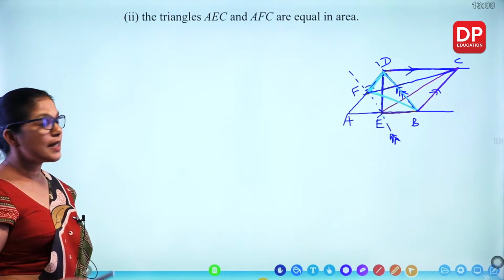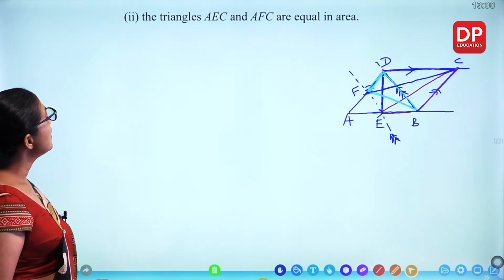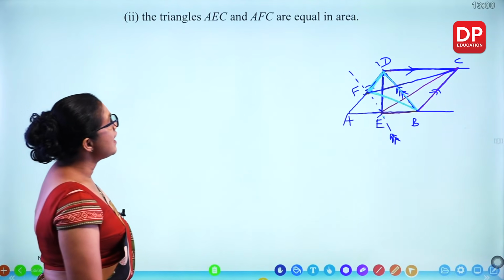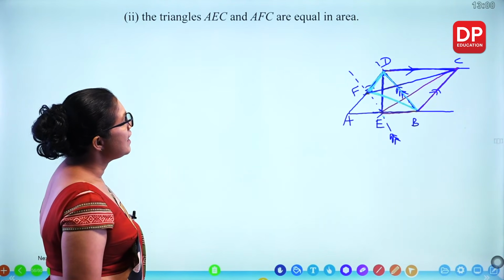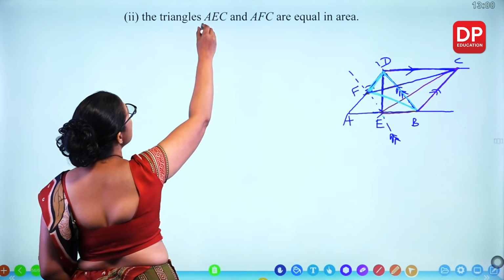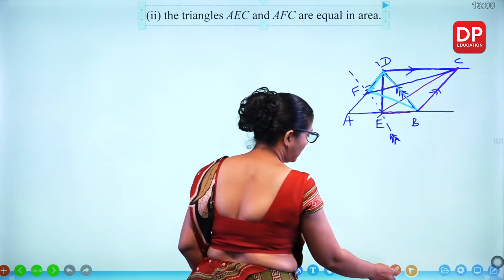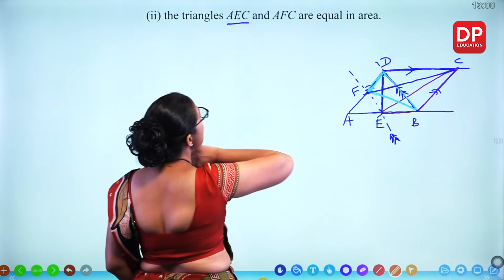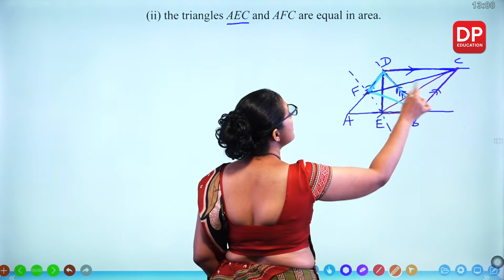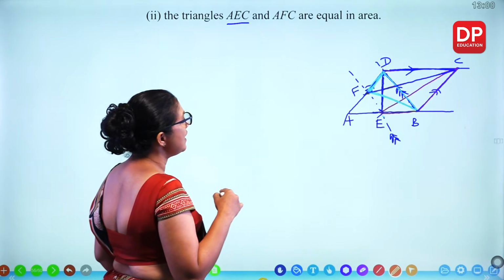Now we'll look at the second part of the same question. Now you're asked to find out that triangles AEC and AFC are equal in area.